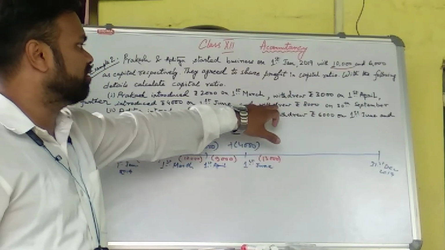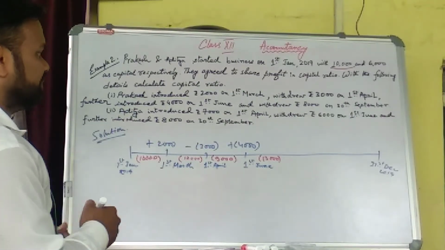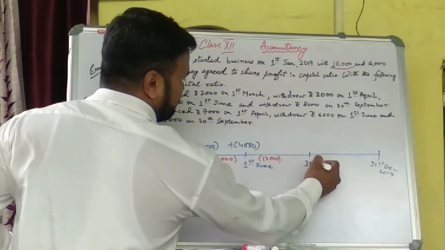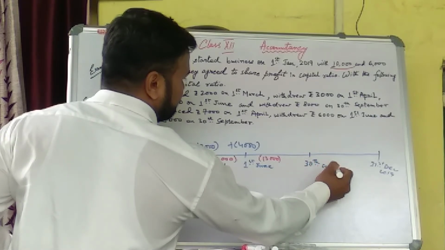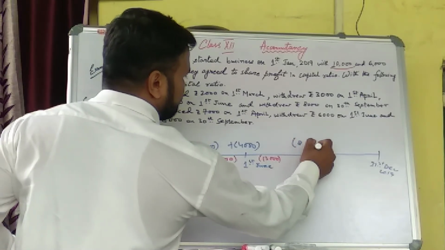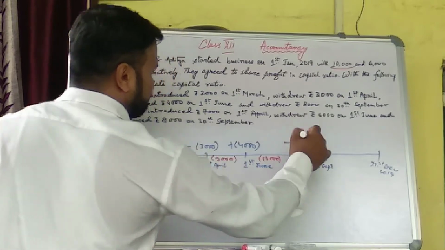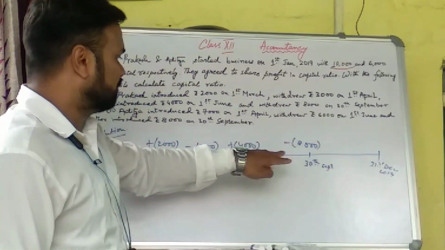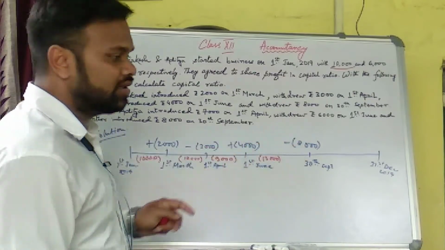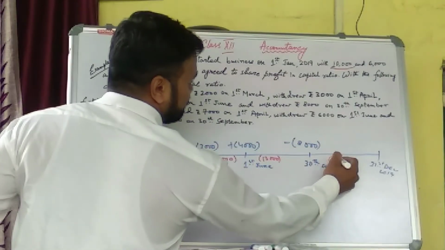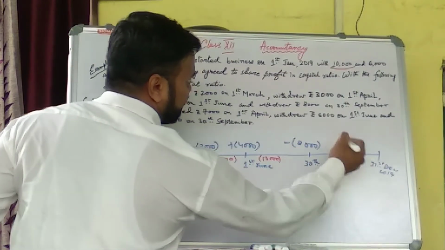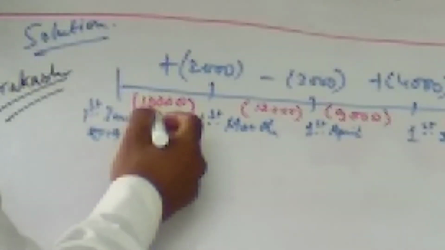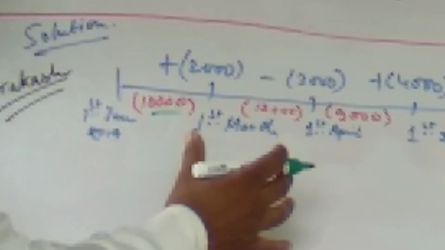And lastly, he withdraws rupees 8,000 on 30th September. So what is left over? 13,000 minus 8,000. That is 5,000.